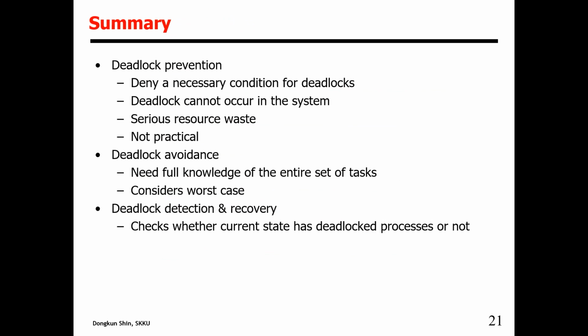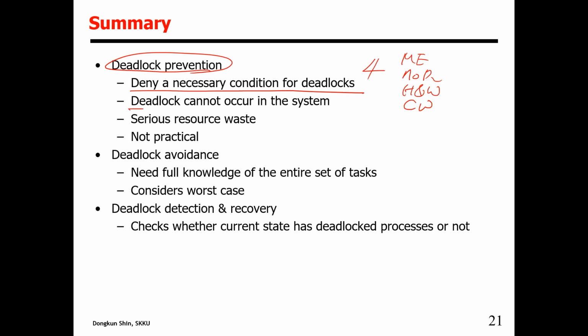In summary, the deadlock prevention technique denies a necessary condition for deadlock. I introduced the four deadlock necessary conditions: mutual exclusion, no preemption, hold and wait, and circular chain. So this deadlock prevention technique denies one of the necessary conditions for deadlock.